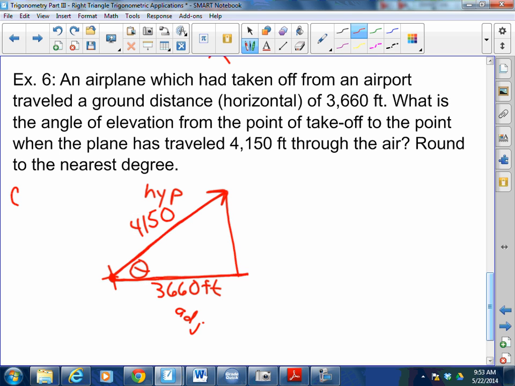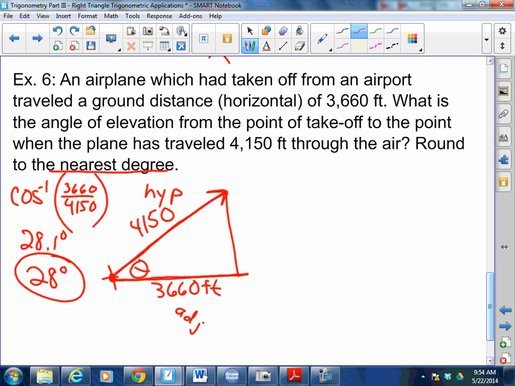So theta is going to equal inverse cosine of adjacent over hypotenuse, which equals 28.1 degrees. To the nearest degree, 28 degrees. Does that make sense?